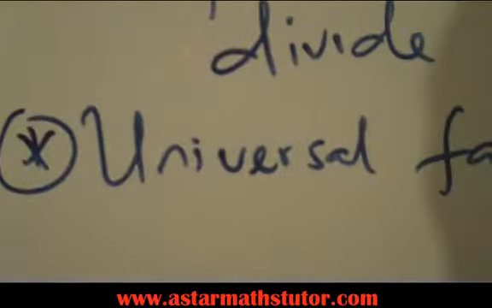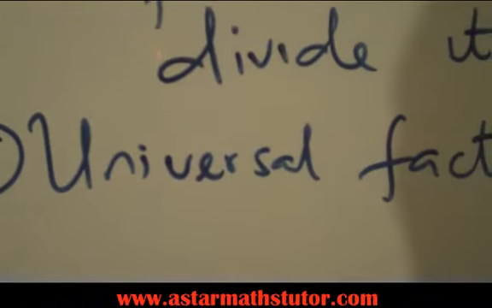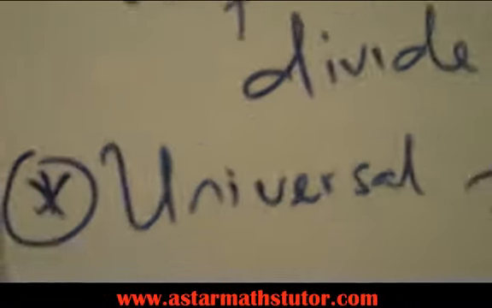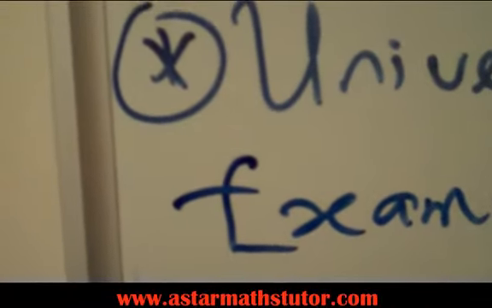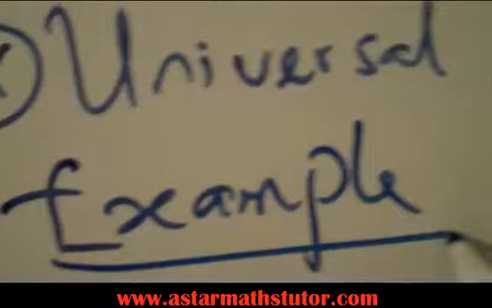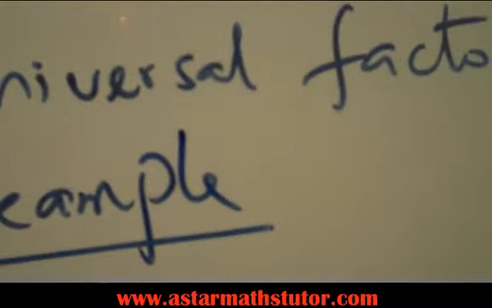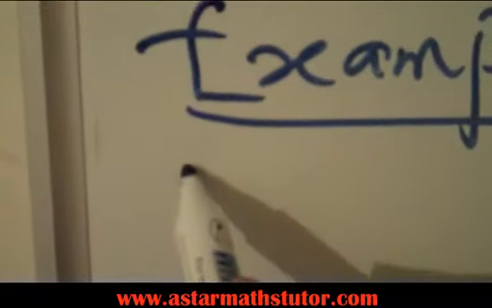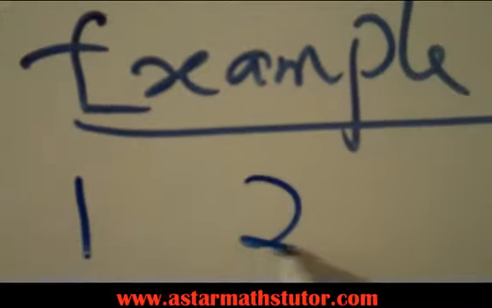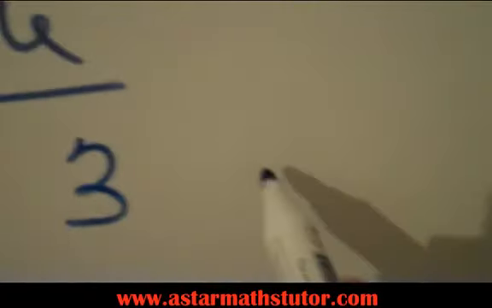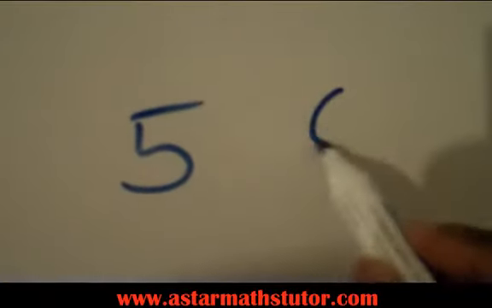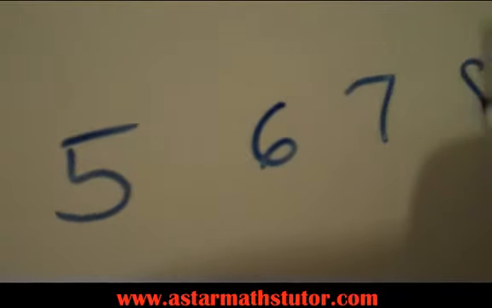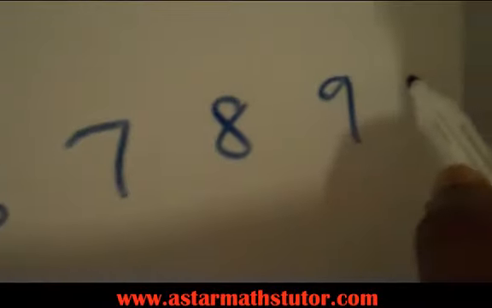And now we can take some examples of prime numbers, numbers that can only be divided by itself or 1. Let me write from 1 up to, let's say, 20: 1, 2, 3, 4, 5, 6, 7, 8, 9, and 10.